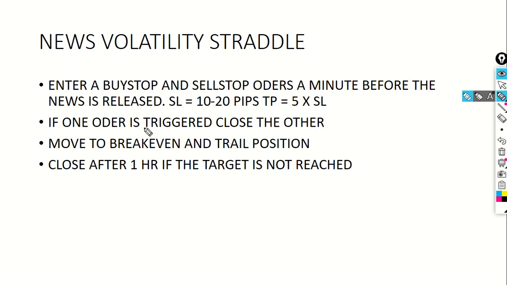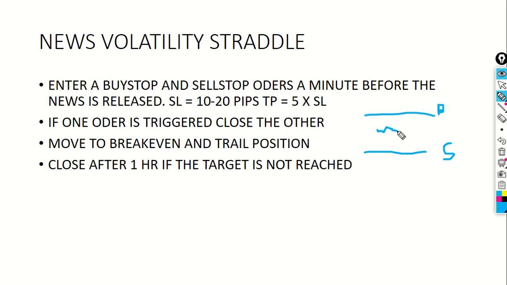So if one order is triggered, you close the other order. So you have a buy stop, obviously at the top, then you have a sell stop. Price is ranging between them.